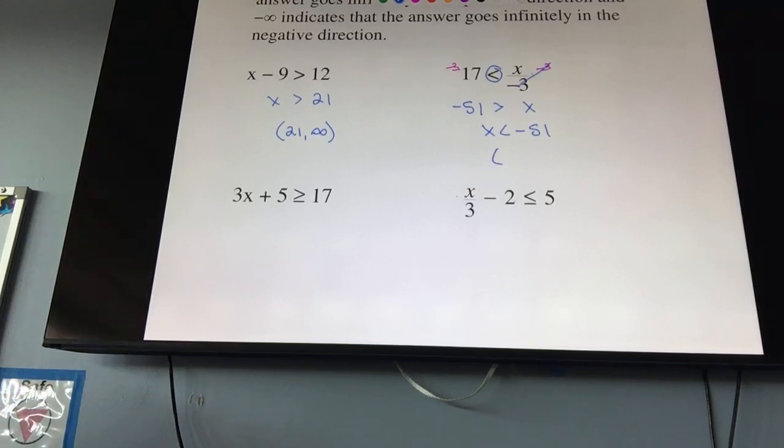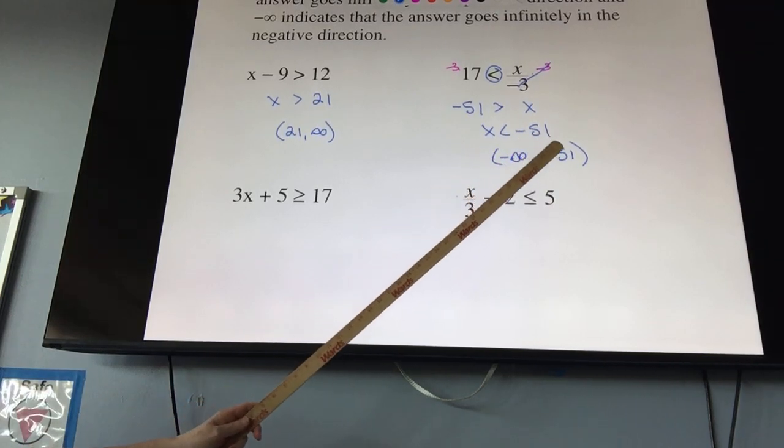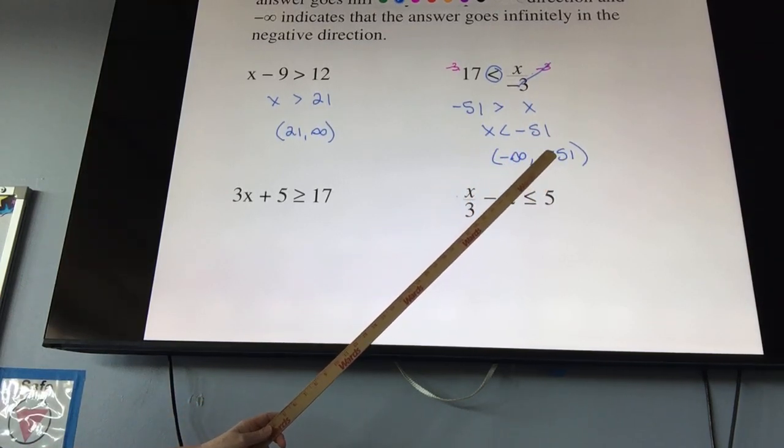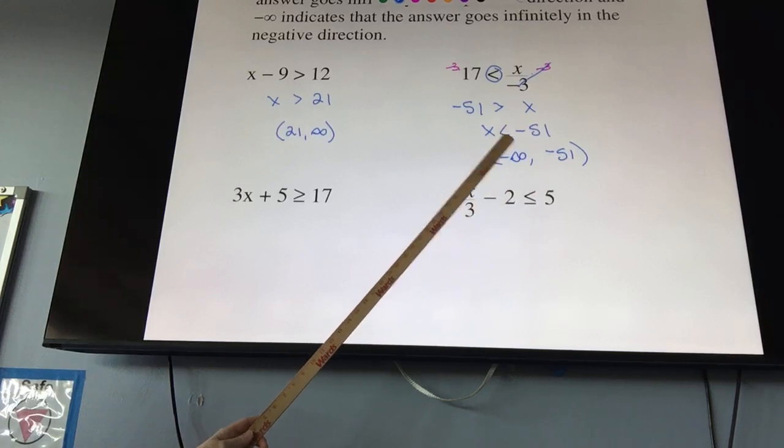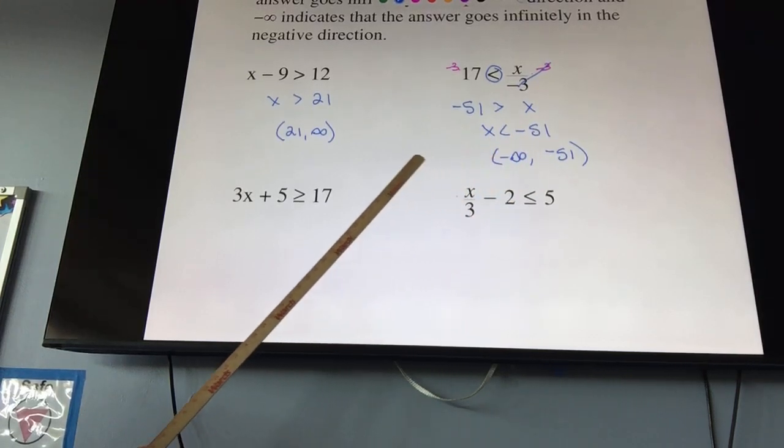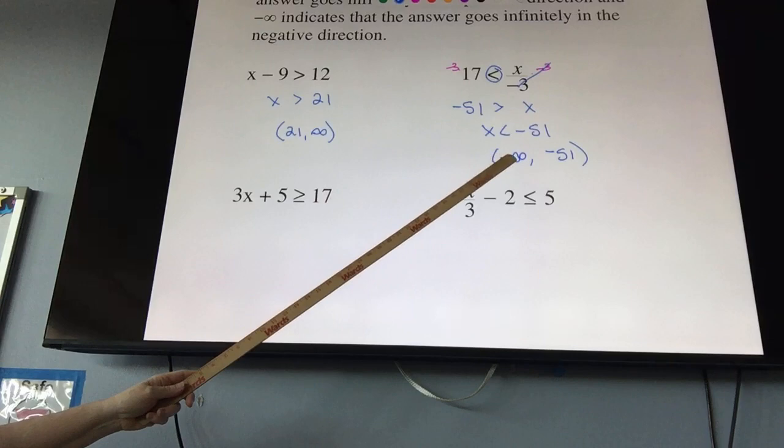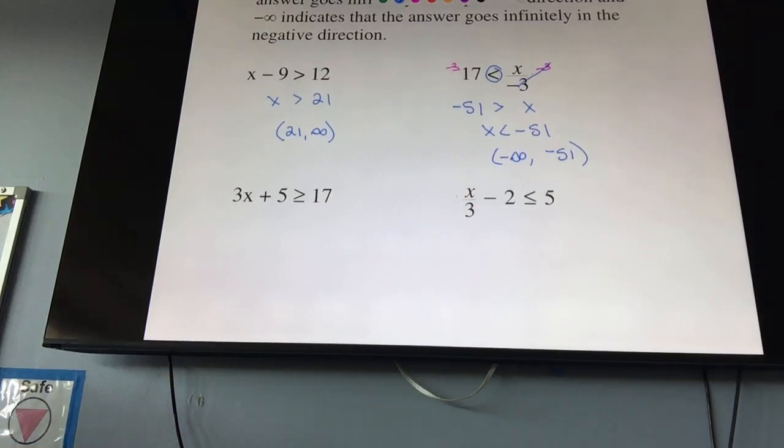So my answer is going to look like that. -infinity to -51. So -51 is the biggest number. I don't include it because it's just less than, but then it's going to go infinitely in the negative direction, thus the negative infinity.